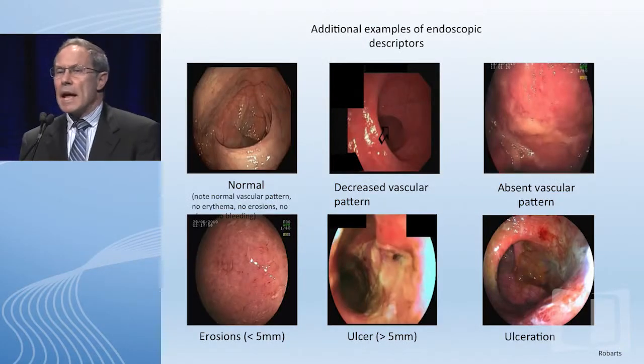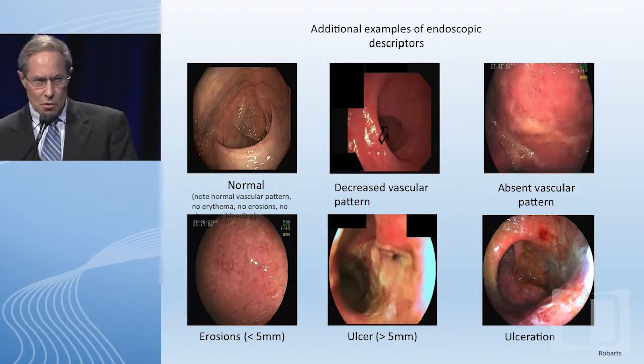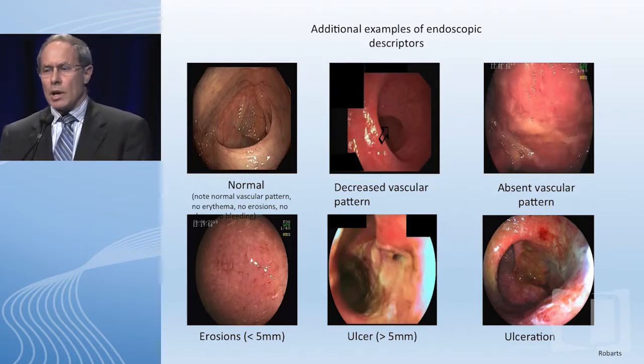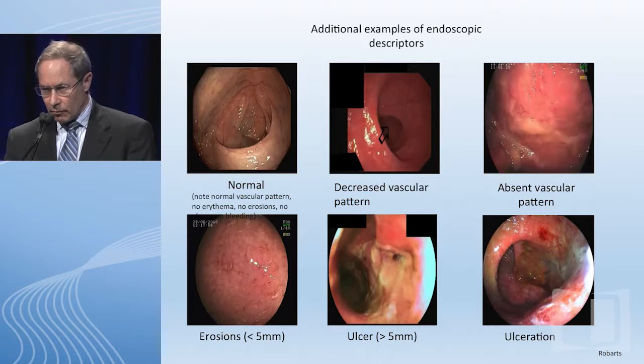It's a defect that is discrete, maybe fibrin covered, clearly larger, but no real depth to it. And then in the lower image, a deep ulcer, which is a deeper, seriously excavated defect in the mucosa with a raised edge. So these are the features which we should be attentive to and describing when we do our sigmoidoscopy or colonoscopy exams.